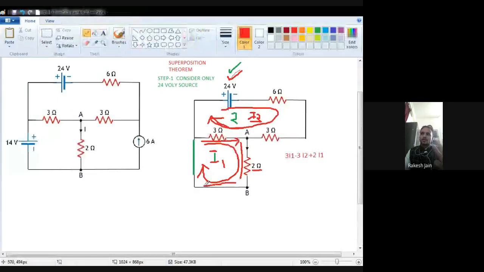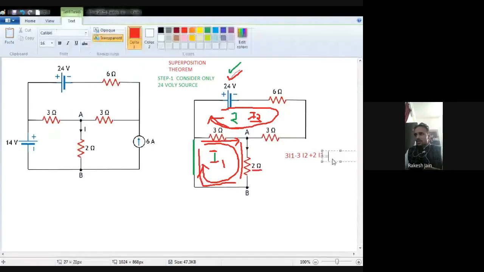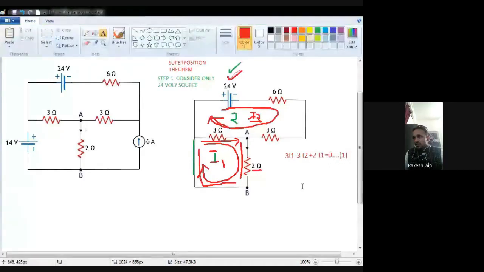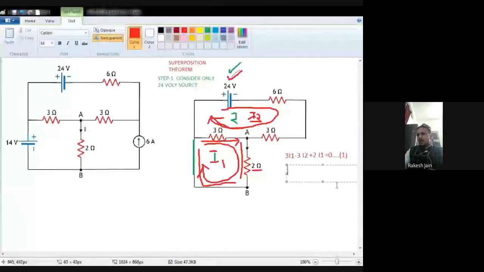I apply the mesh analysis and find out the current through the 2 ohm. Now what will be my answer? Because from the 2 ohm only I1 current passes, that's why I1 is my answer of step number one.